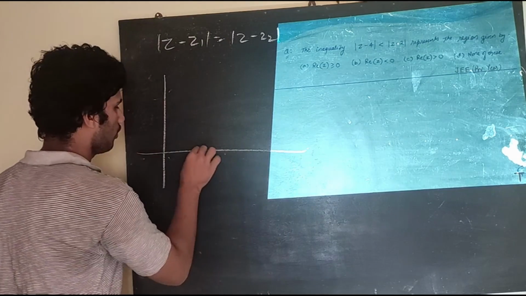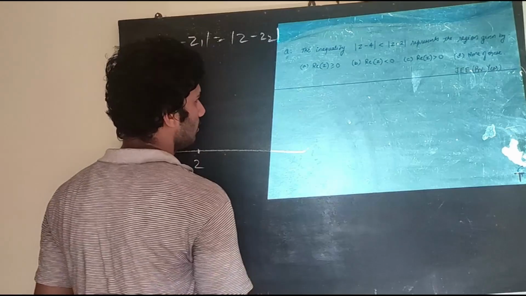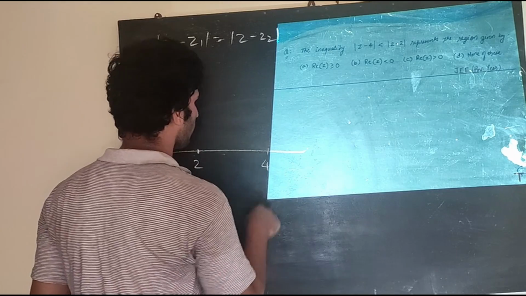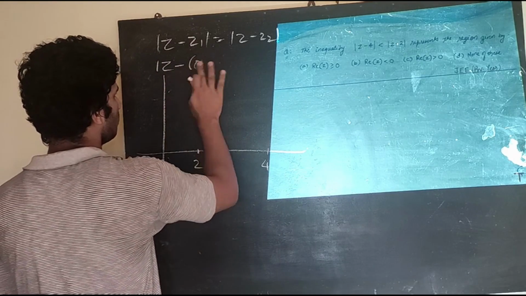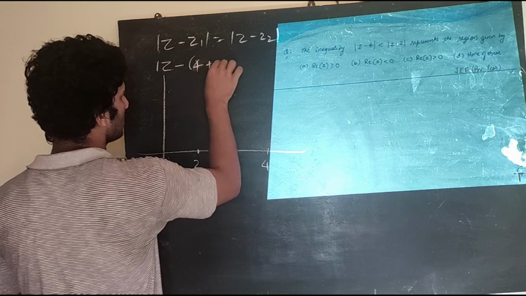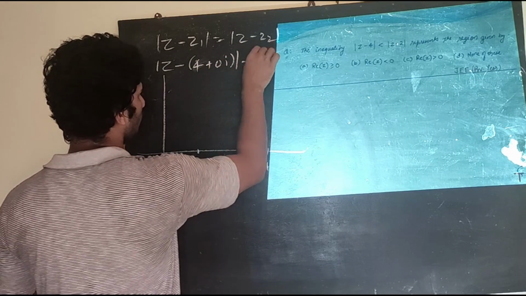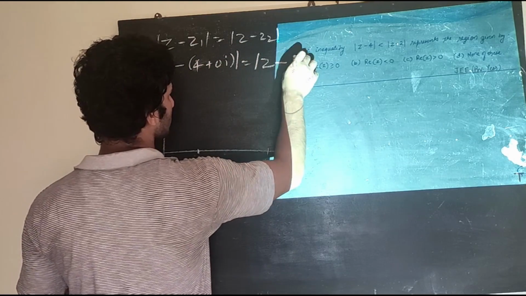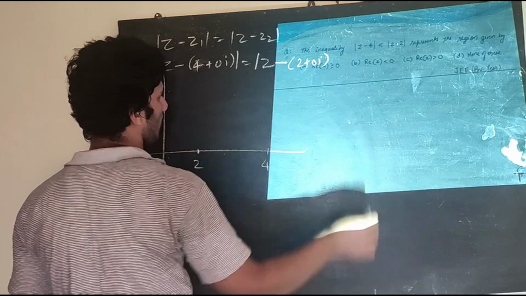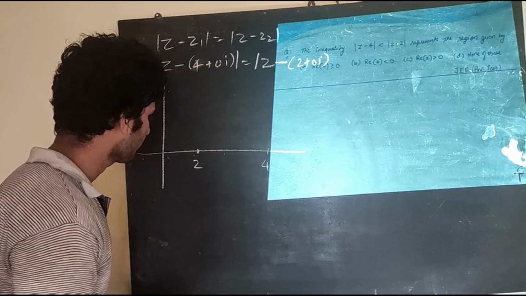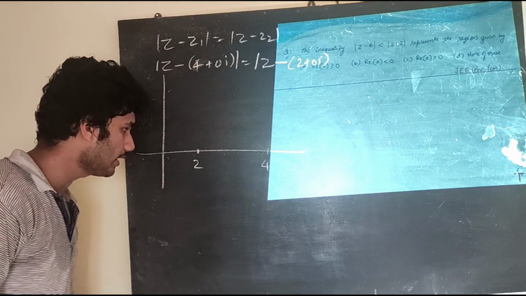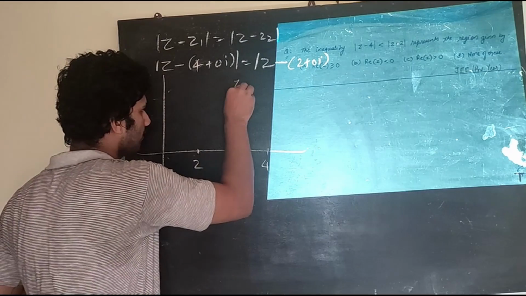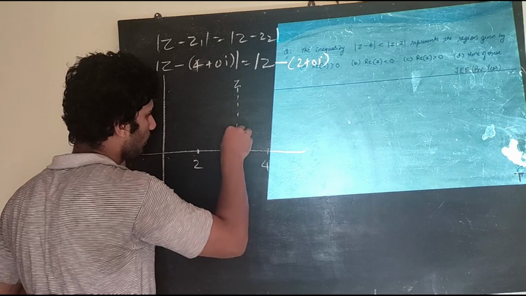Okay. Let me plot 2 over here, 4 over here. I have modulus of z minus 4 plus 0i compared with modulus of z minus 2 plus 0i. Right? So 2 and 4. If the distances were equal, z lies somewhere on the perpendicular bisector of 2 and 4.